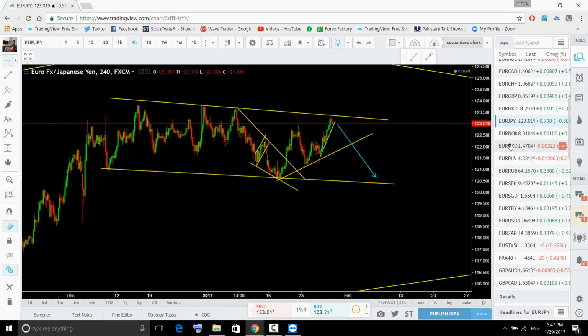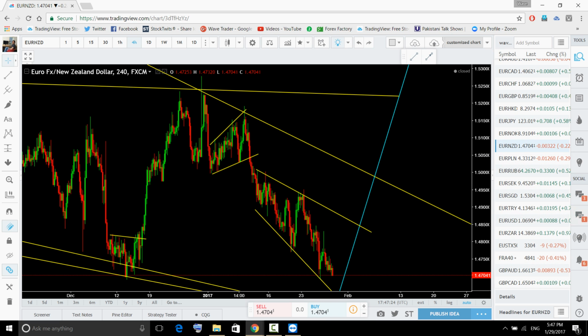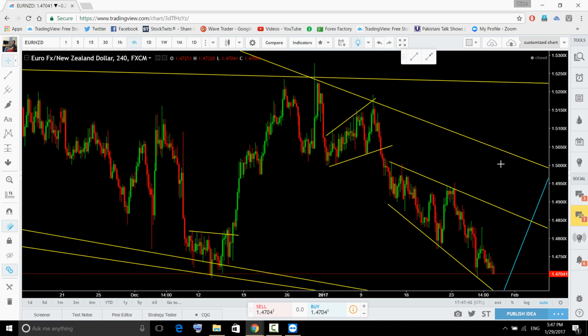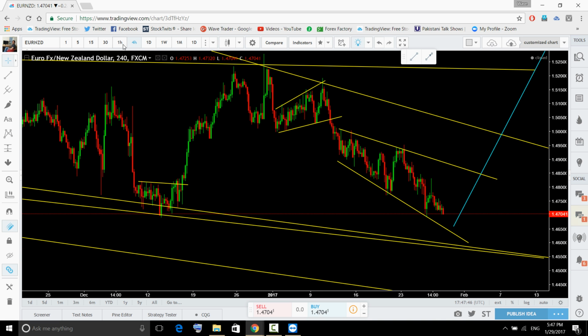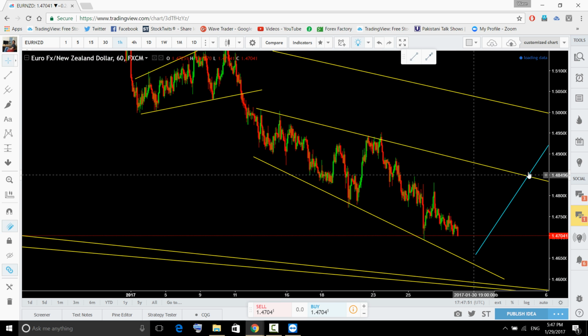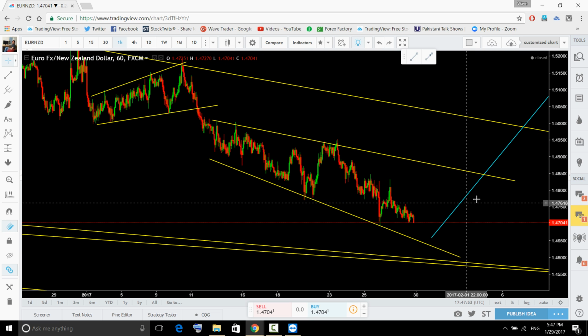So Euro New Zealand, here we got the Michael pair. Michael loves to trade this pair. If you remember what I told you last week, I spoke about this pair in detail in the last meeting.